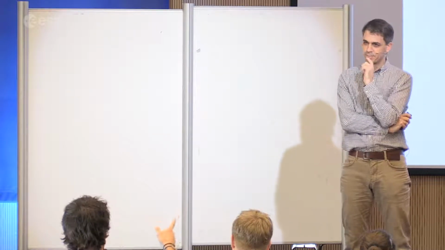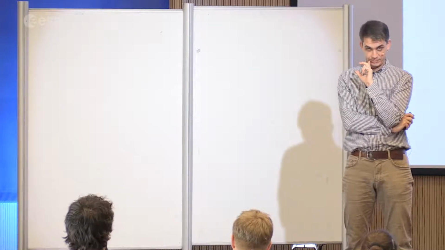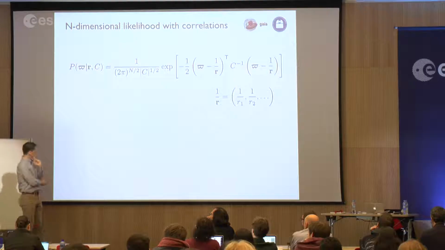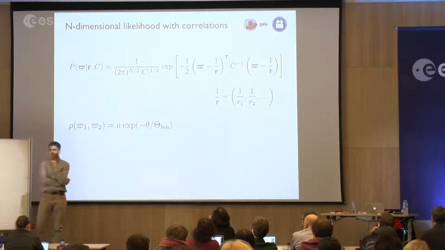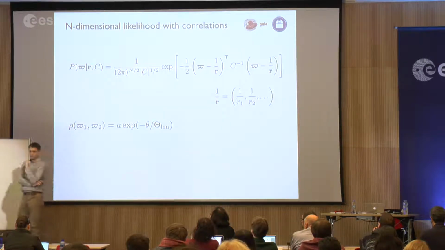No, because this is your model for the covariance, for the likelihood. By definition, a covariance between two quantities is a symmetric function.